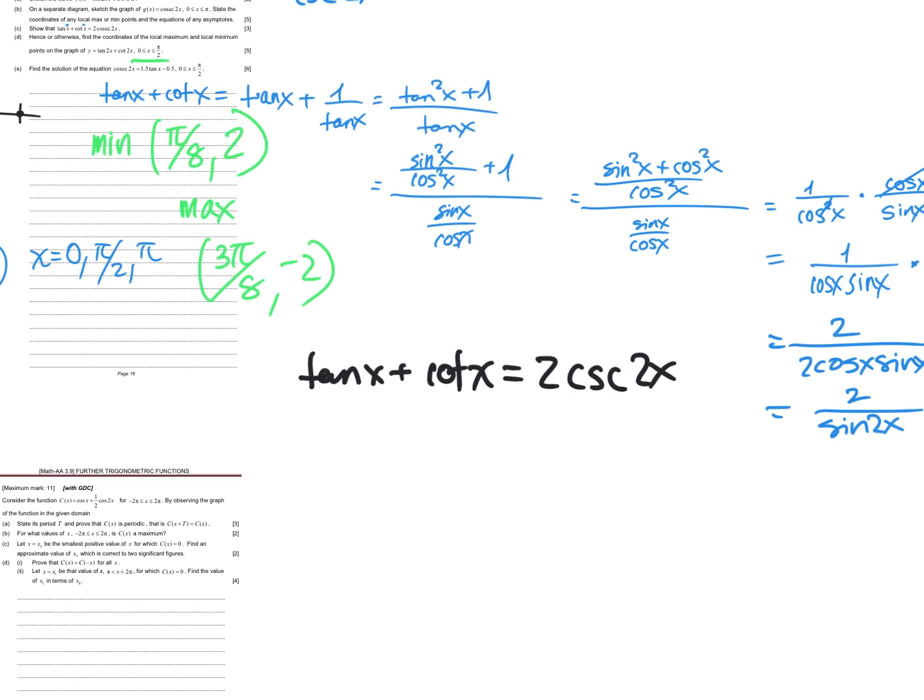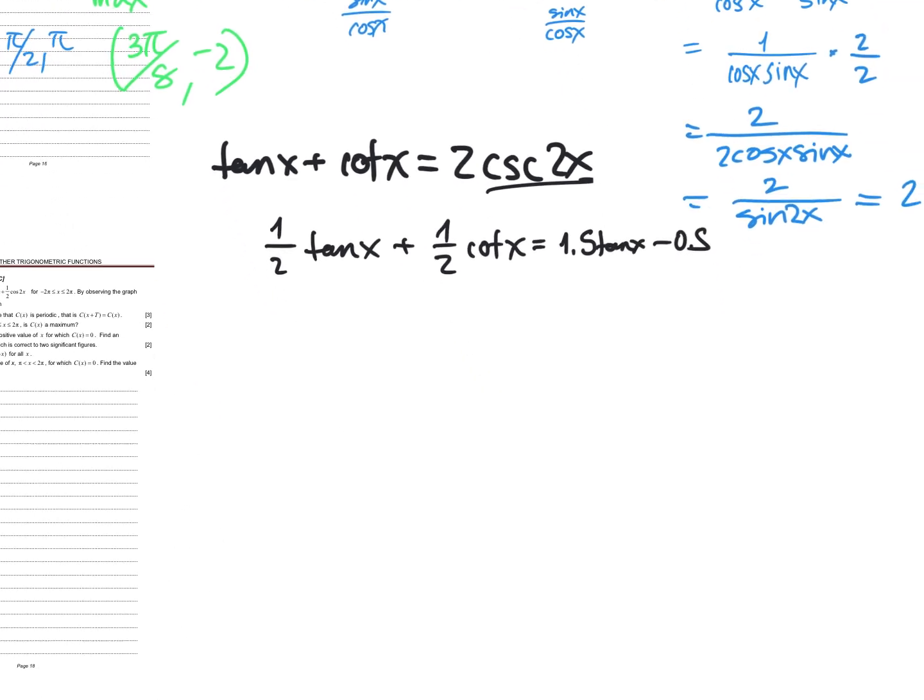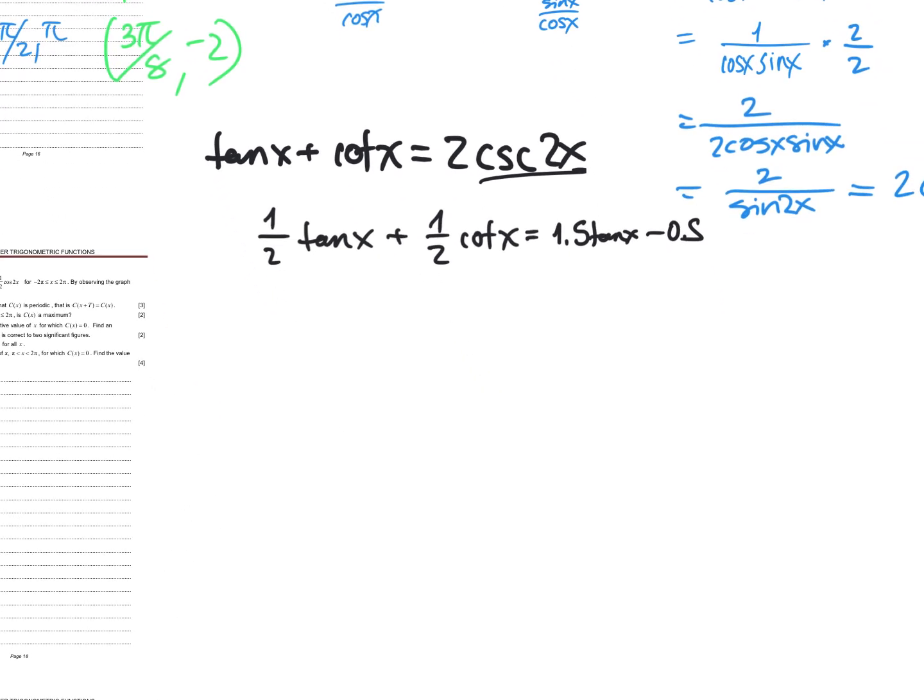So that is 1/2 tangent x plus 1/2 cotangent x. That's cosecant 2x. This is going to equal 1.5 tan x minus 0.5. All right, so now we're going to have 1 over 2 tangent x equals, subtracting that, that's just going to be 1 tangent x minus 0.5.